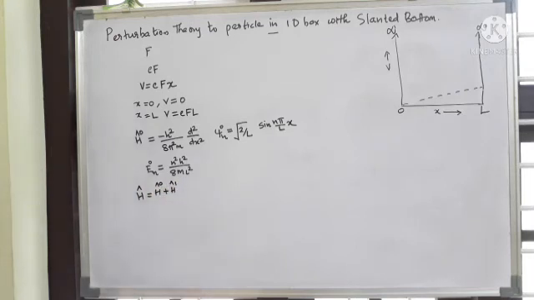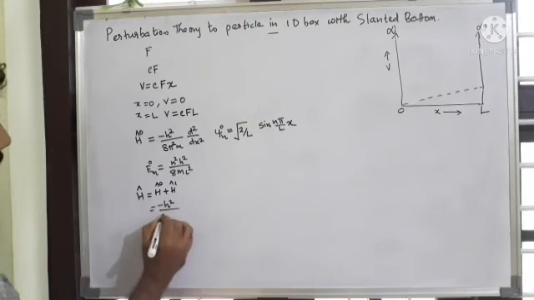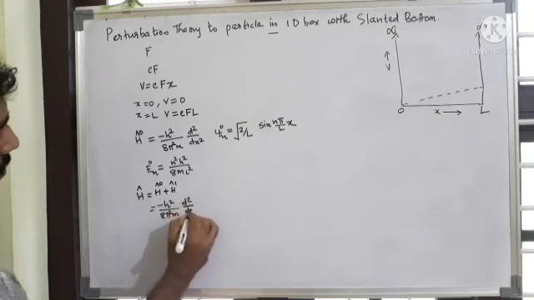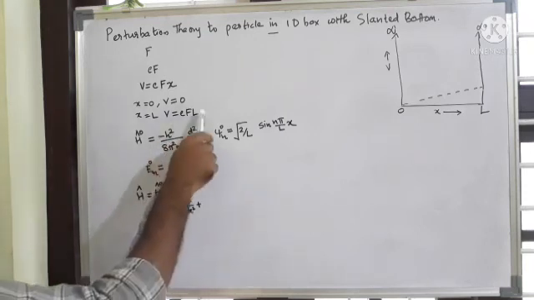H cap 0 is minus h square divided by 8 pi squared m d square by dx square, plus H cap prime, which is the perturbation.